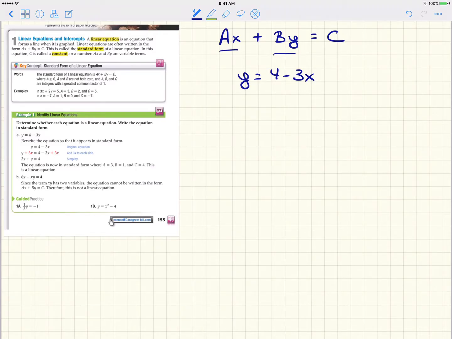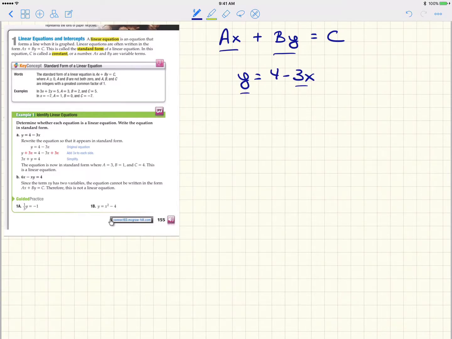Everything that we've been doing up to this point applies. I'm trying to get things from one side of the equal sign to the other. If I do something on the left-hand side, I have to do it to the right-hand side, and if I do something to the right-hand side, I have to do it on the left-hand side. I want to try to get this 3x over to where the y is.